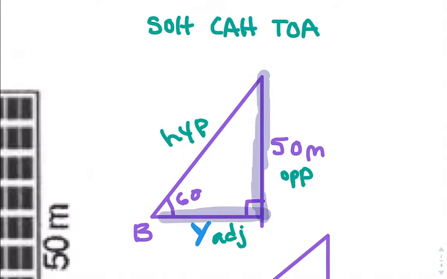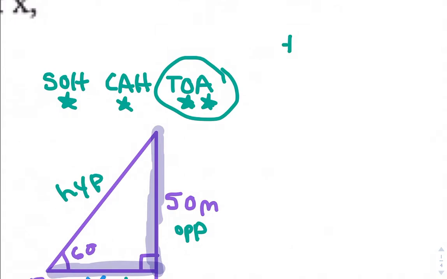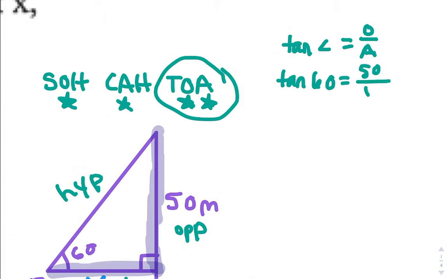So I'm going to star both opposite and adjacent. So opposite is O, adjacent is A. The trig function with two stars wins, so I get tangent. So we're going to do tangent of my angle equals opposite over adjacent. Well, my angle is 60 degrees, so opposite is 50, adjacent is y.